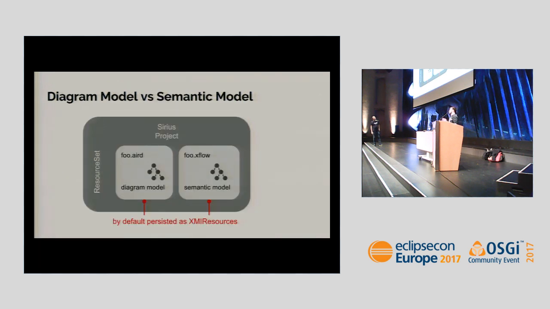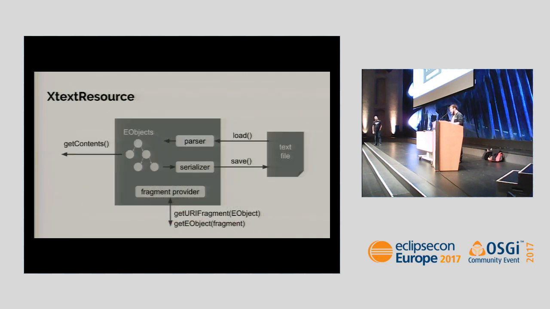So these are the kind of models you find in a Sirius project, and internally it's all loaded in a single resource set. By default, these models are persisted as XML resources, but Sirius doesn't care that much about what kind of serialization is used, as long as it fits with the EMF contract.